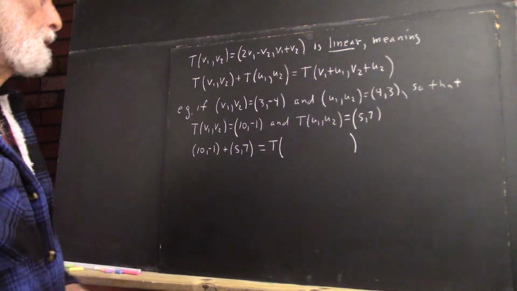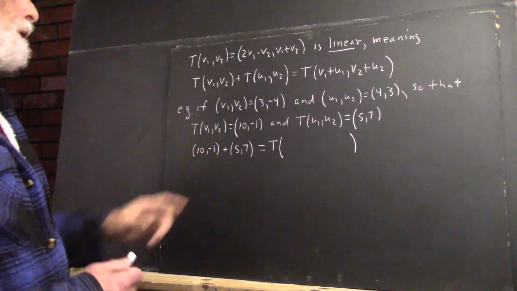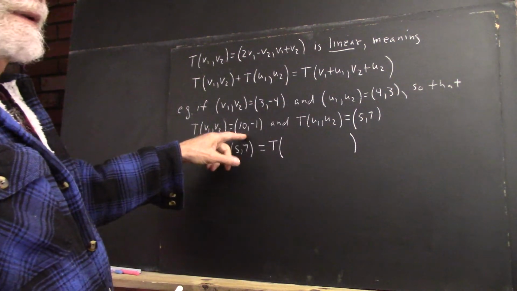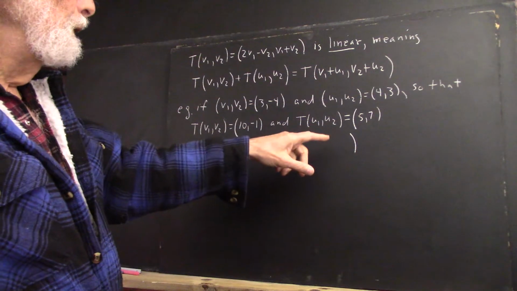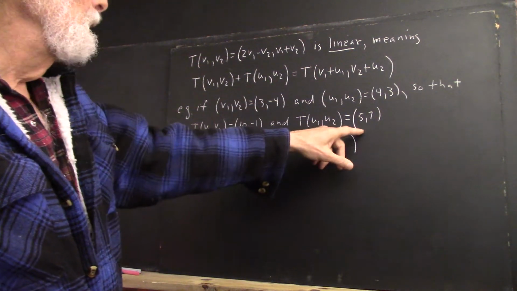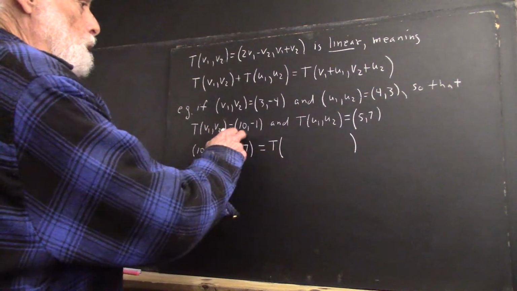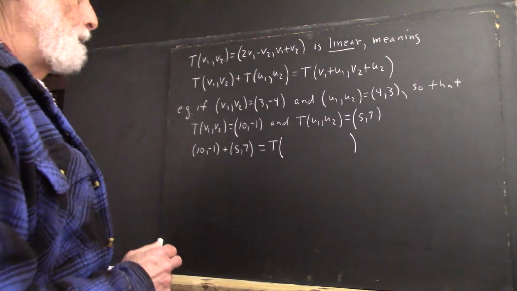Well, let's see how those things work out. I know what v1 and v2 were. I know what w1, which is a transform of v1, v2, and w2, which is a transform of u1, u2 equal 4, 3. Were 10, 1, and 5, negative 7.